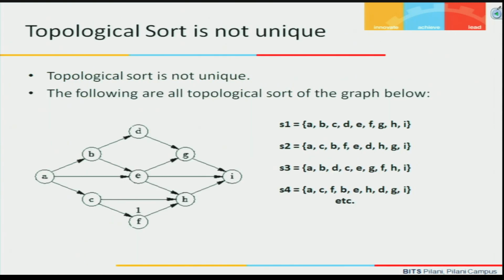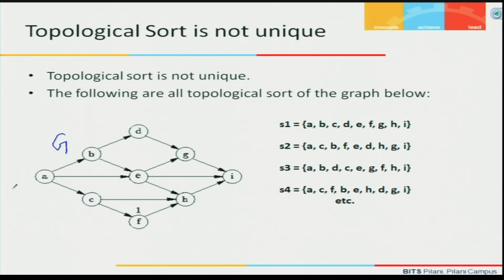It is easy to see that topological sorting is not unique. That is, there could be many ways in which a graph can be topologically sorted. Let us look at this example. G is a directed graph, whereas on the right hand side we have different topological sortings of the same graph.